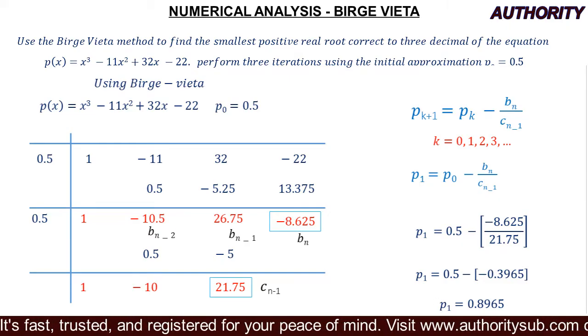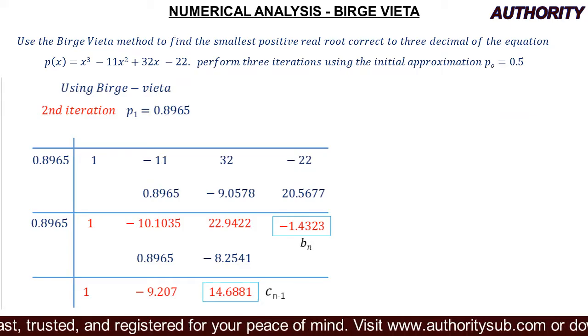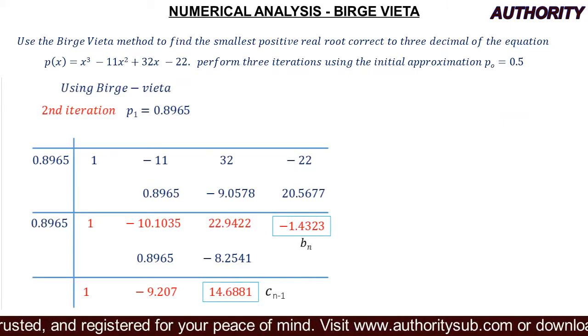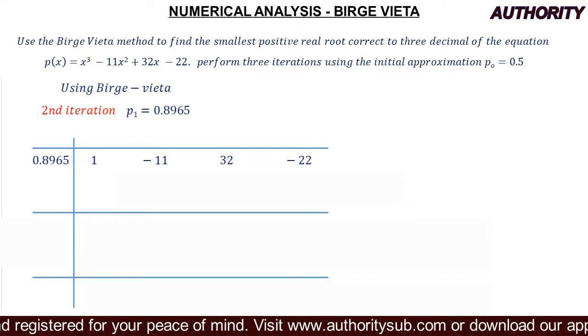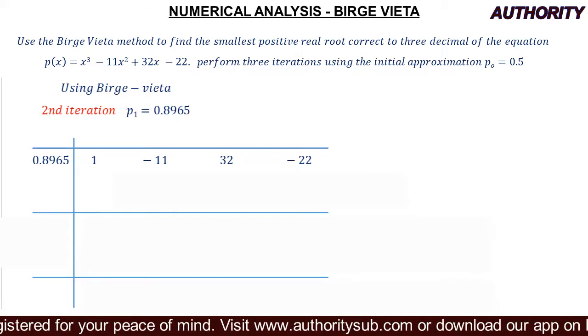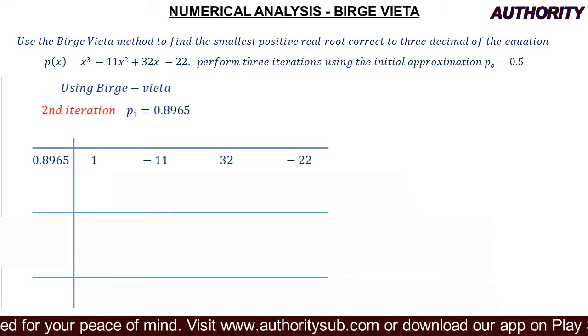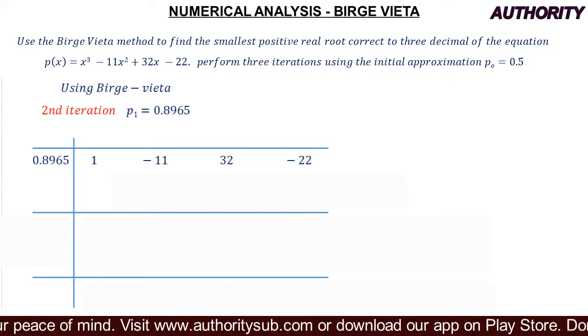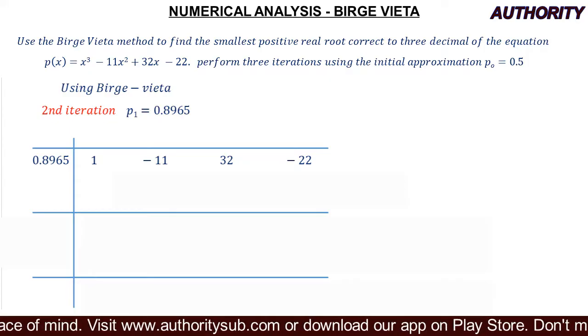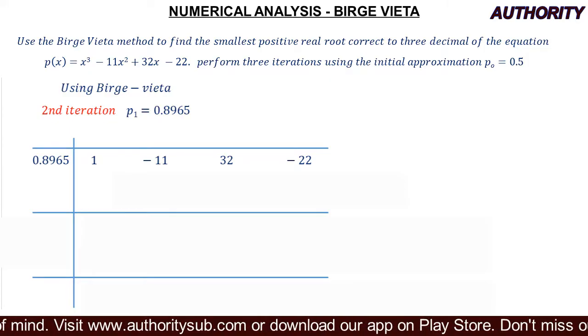Now let's go. We have another table, still using the coefficients of the function P of x, but in the place where we had P0, we now have P1, which is 0.8965.